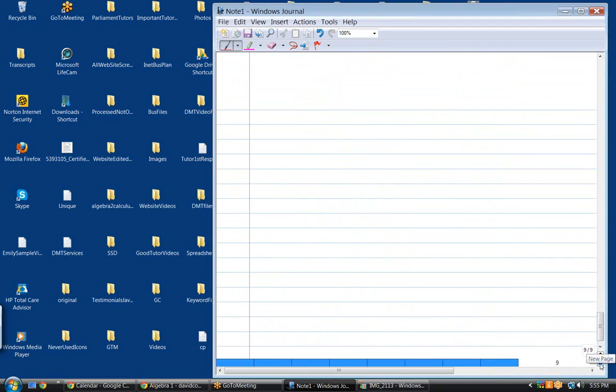Now let's just talk algebra. If I say the square root of x equals 2, how would you solve that equation? We want a final answer of x equals something.